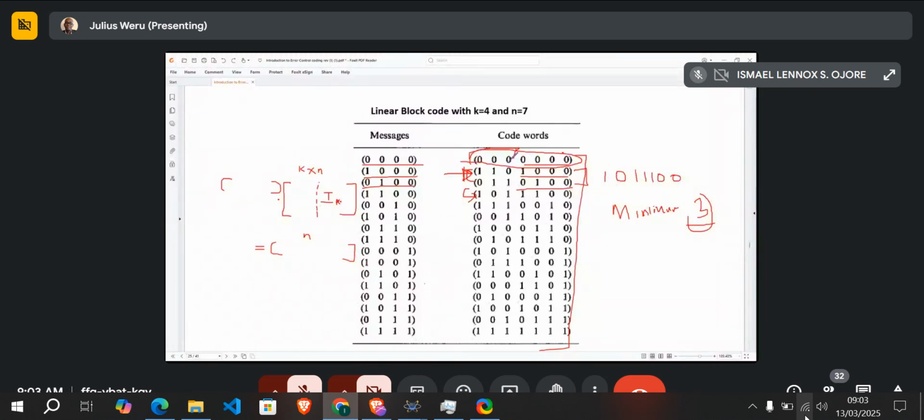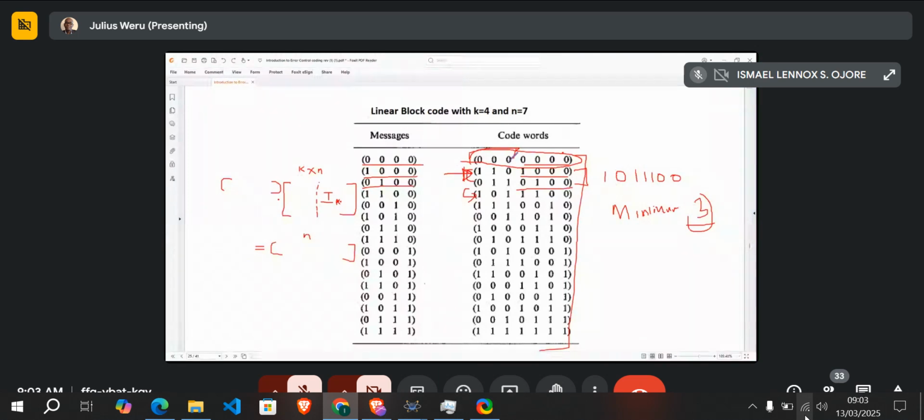The relationship for this code, a linear block code, between the minimum weight and the minimum distance. The minimum distance is important because it will be so difficult to generate a code word during transmission.